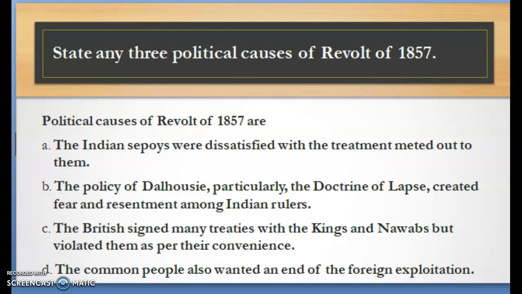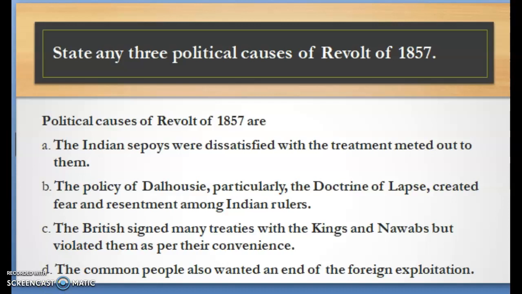For example, Bahadur Shah Zafar, Tatya Tope of Gwalior, Rani Lakshmi Bai of Jhansi, Nana Sahib of Kanpur. They were all waiting for the right time to settle their score with the Britishers.